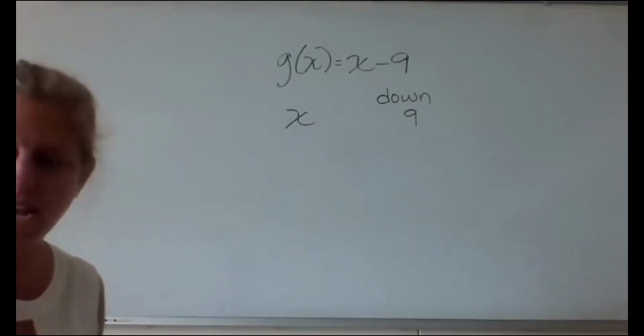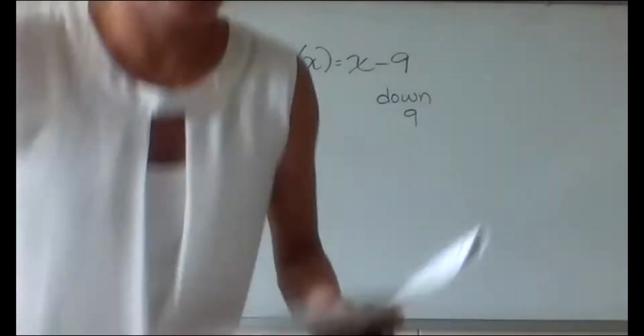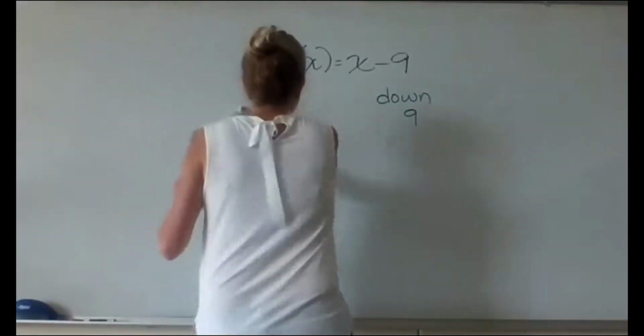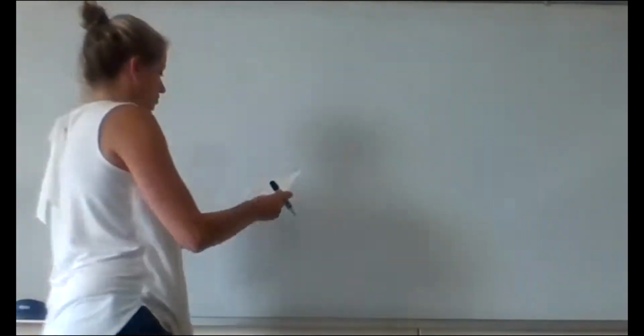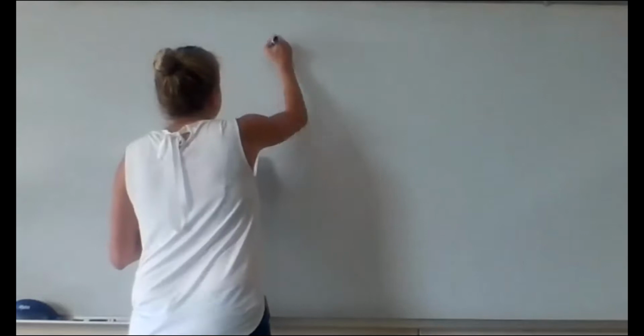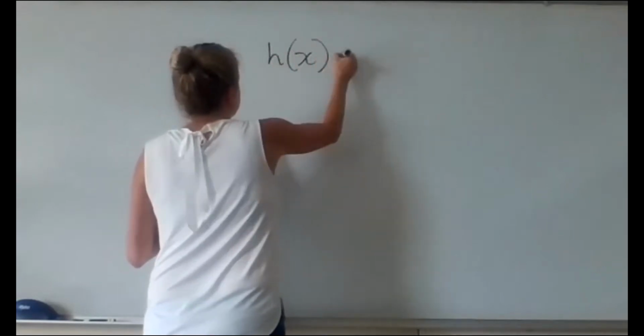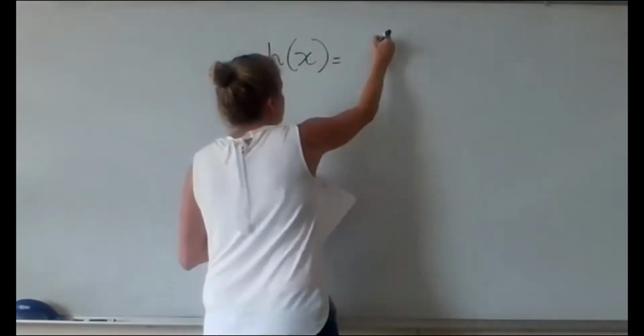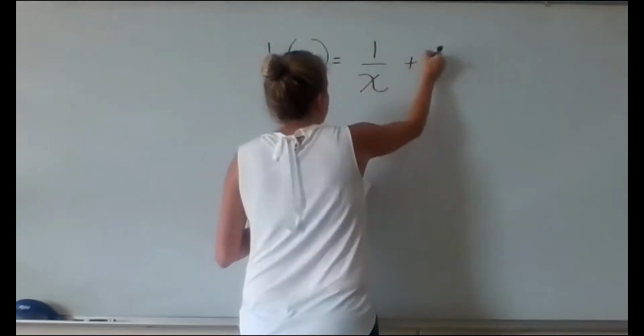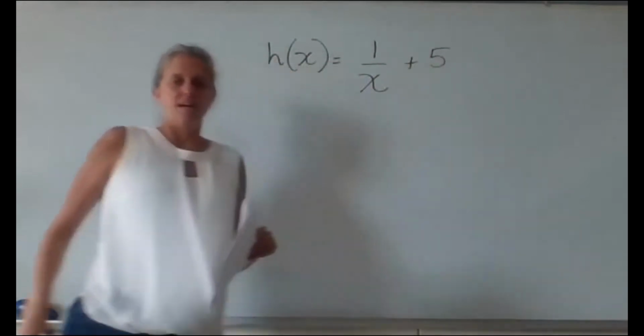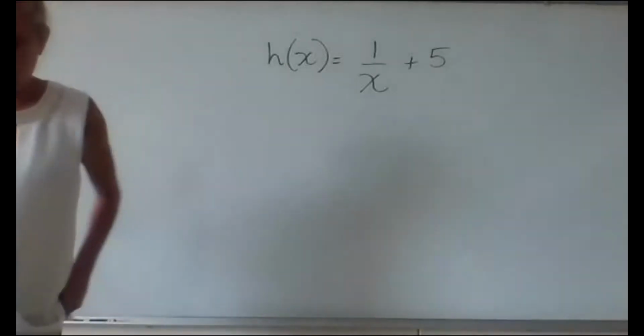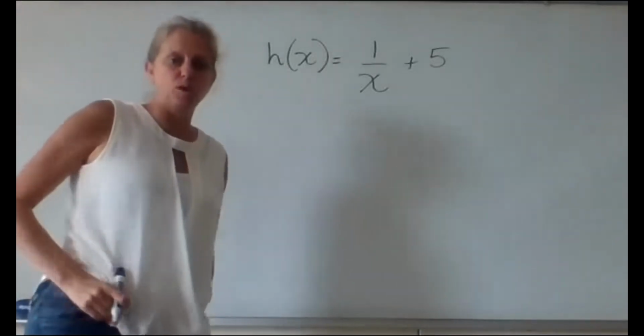All right, number 3. h of x equals 1 over x plus 5. This one is a multiple choice problem.